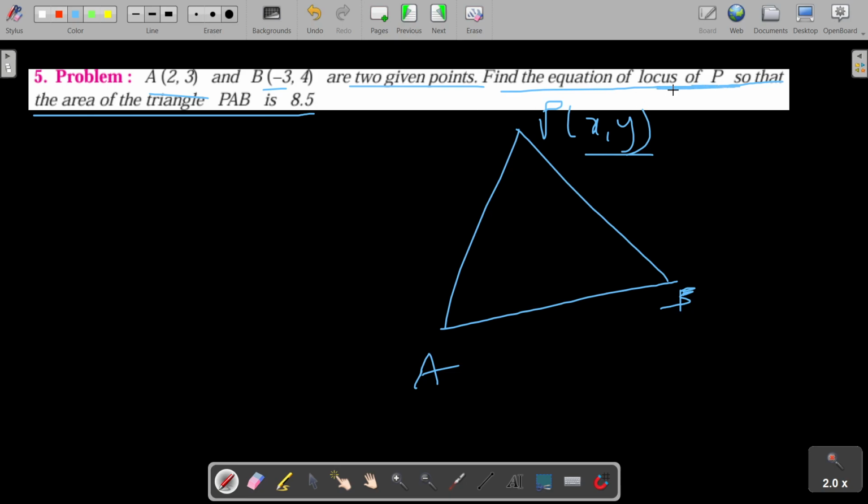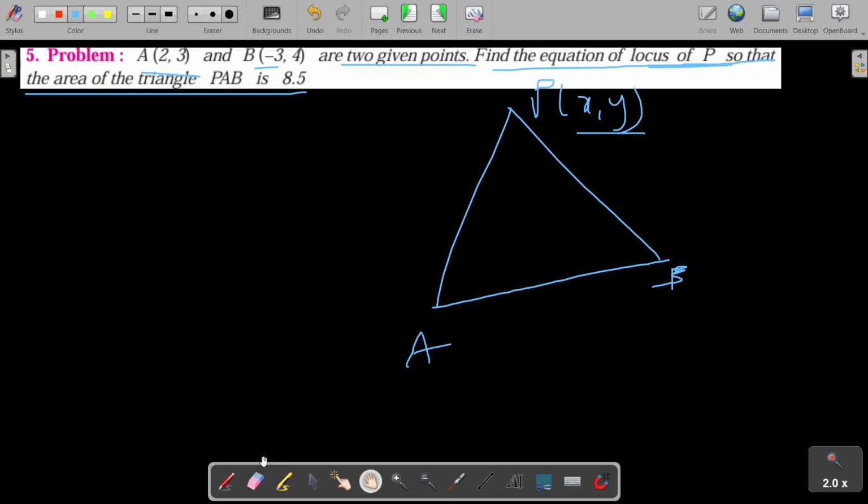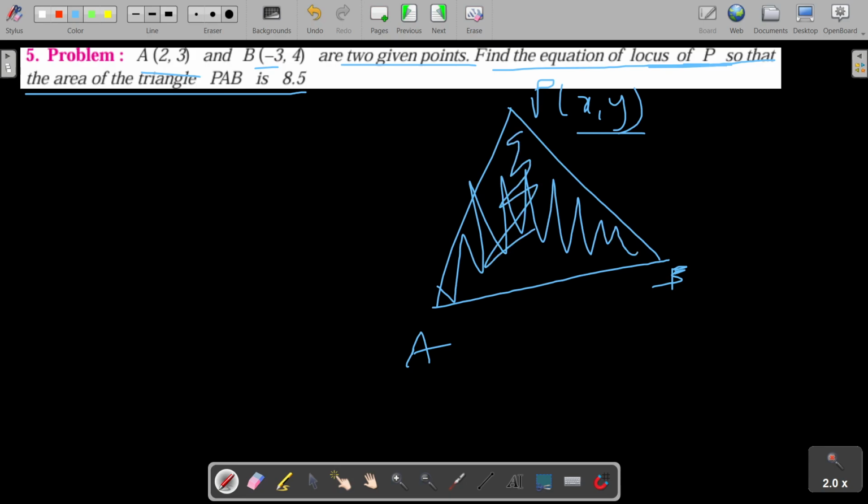I assume the point as P of x comma y so that I can calculate the equation of the locus. So this triangle formed by the 3 points has an area of 8.5.